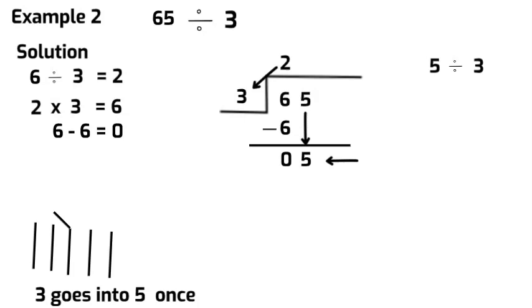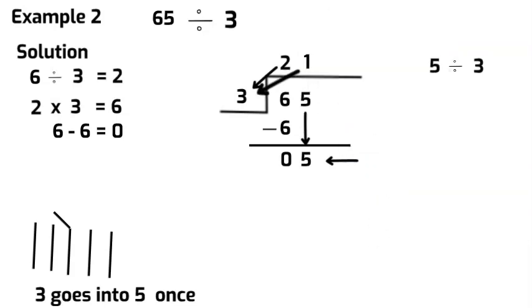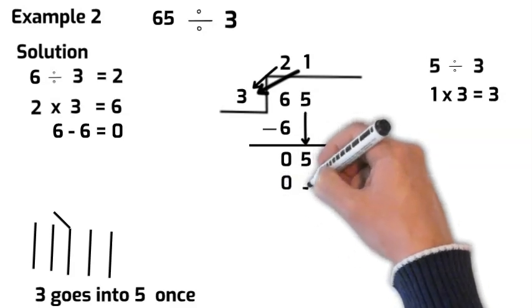So we go up right above our second digit of the dividend and write down 1. Next, we say 1 times our divisor, 3. 1 times 3 is equal to 3. We go down below our second digit of the dividend and write down 3.